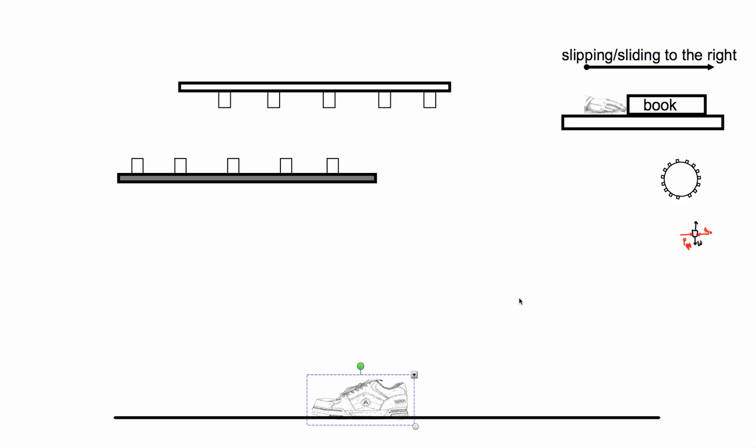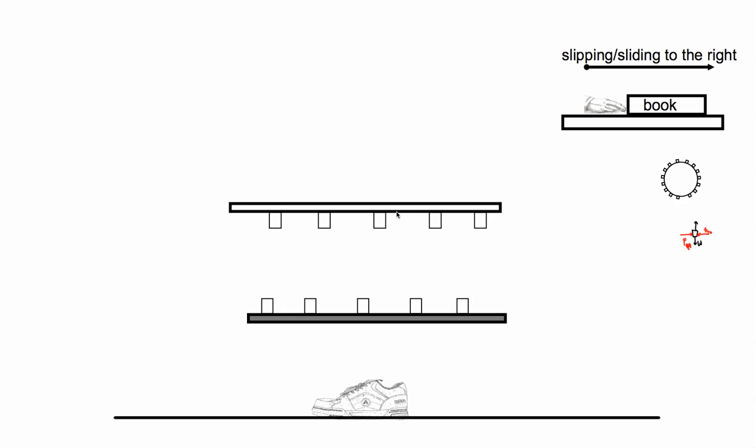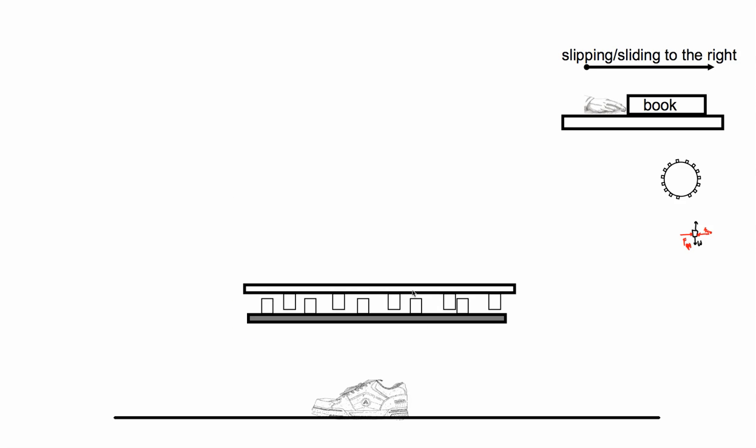So for a person moving this way to the left, friction on one hand speeds them up and on the other hand slows them down. Let's take a look at the friction block model and see how that can explain that. This will be the floor, and this will be your shoe. Your foot's on the ground, and you're ready to take a step forward.